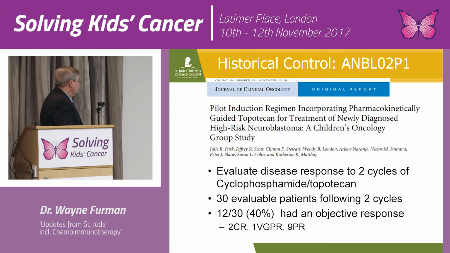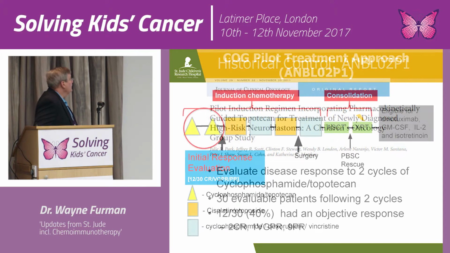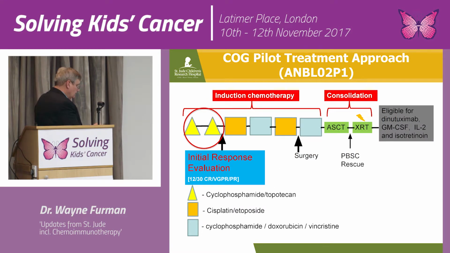Again, I think it was Dr. Cairns who tried to explain what this means, but it's basically shrinkage of tumor significantly. This is not cures, which is what we're all interested in. And again, this is the outline of that trial.